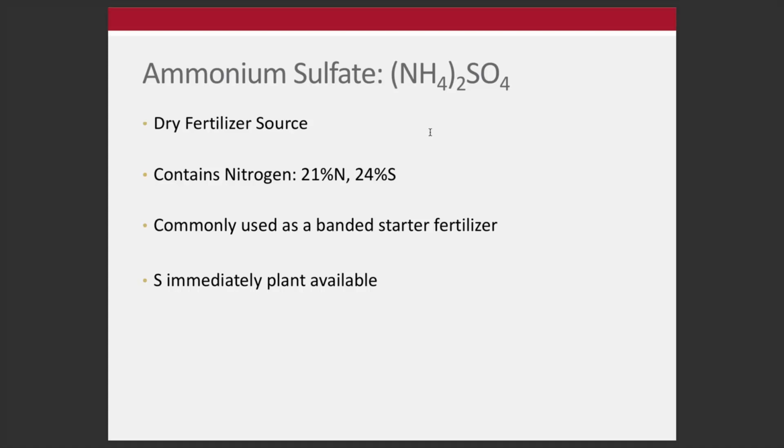Commonly used as a banded starter fertilizer. We see this most commonly in Ohio practice, and it's relatively common for people to band this as a 2x2 when they're planting, and you'll get both nitrogen and sulfur immediately. Both the ammonium and the sulfate are immediately plant available.